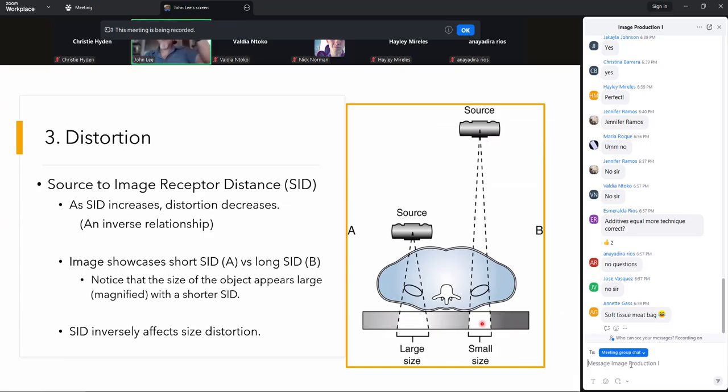And of course, a larger field means we'll irradiate more tissue, which means more scatter, which could obscure the recorded detail. So by using 72 inches for that SID, we reduce the amount of magnification that will result in the sternum, allowing us to keep that smaller field size.